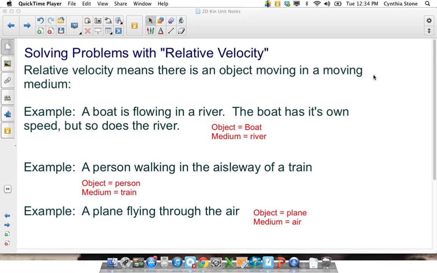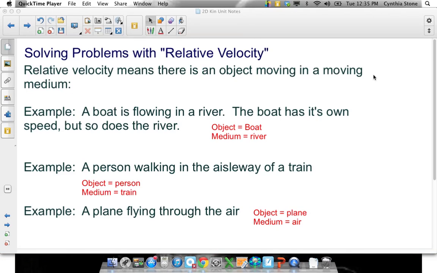It could be a car driving at 10 meters per second on the road being passed by a van moving 12 meters per second, and their relative velocity is 2 meters per second. But the practical examples we use so often in this course are something moving relative to a medium. In this first one, you've got an object, a boat, moving in the river.